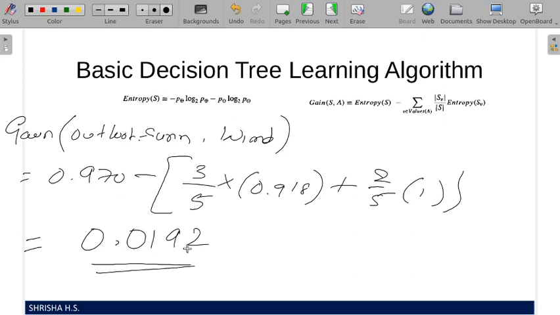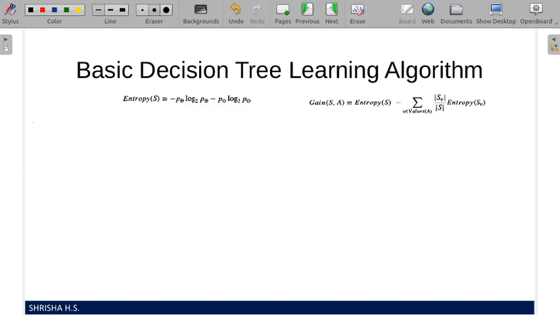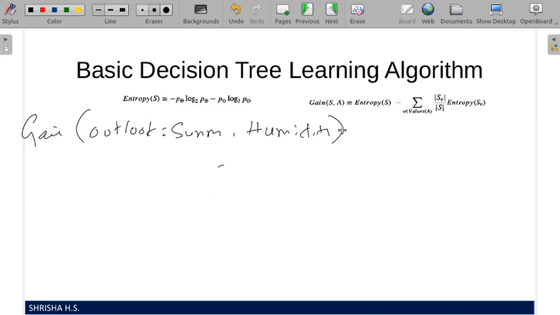So we have now calculated humidity, temperature and wind. Let's write what the gain is. Gain where outlook is sunny with respect to humidity is 0.970.